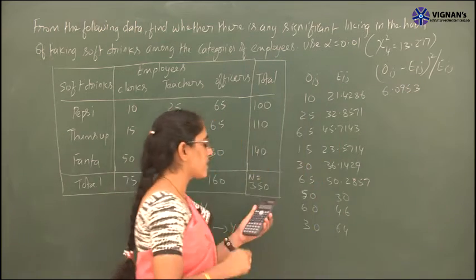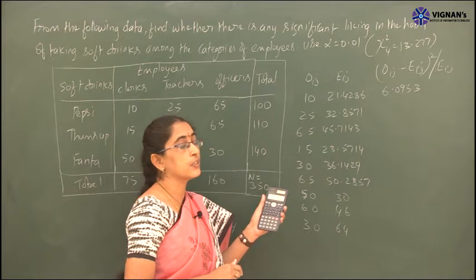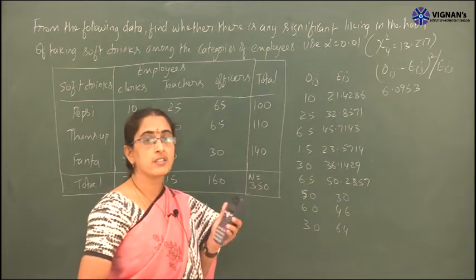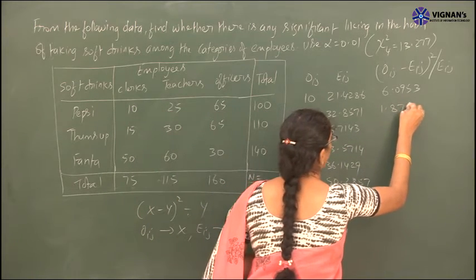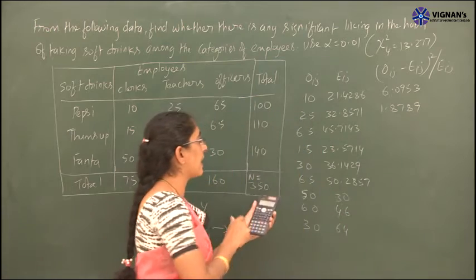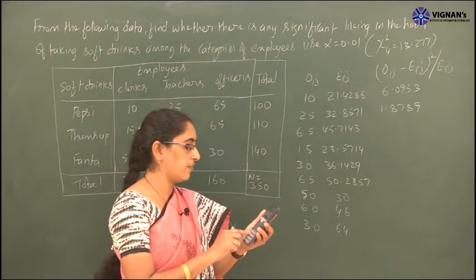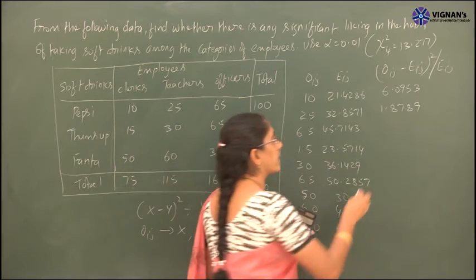Next, x value again press calc, x value 25, y value 32.8571. So this is 1.8789. Then again press calc, 65 and 45.7143. It is 8.1361.